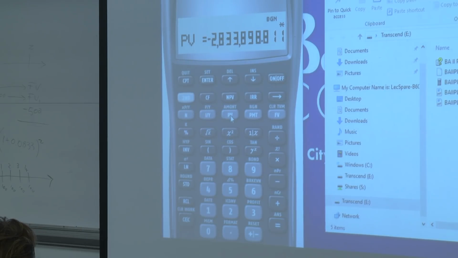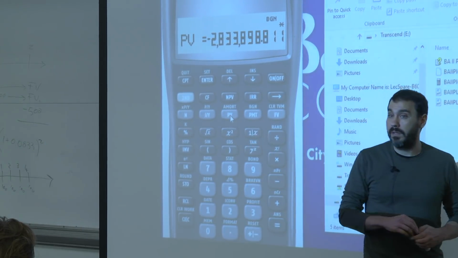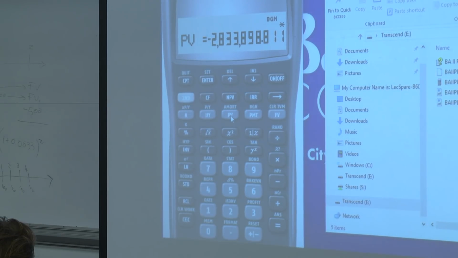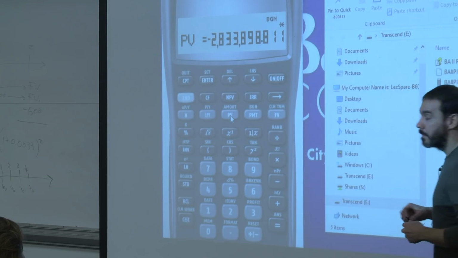So the present value of this $5 million paid in 20 yearly installments is actually $2,833,000. So in a sense, the real value of this 5 million prize is $2,833,000. Why is that? It's given to you over the course of 20 years.